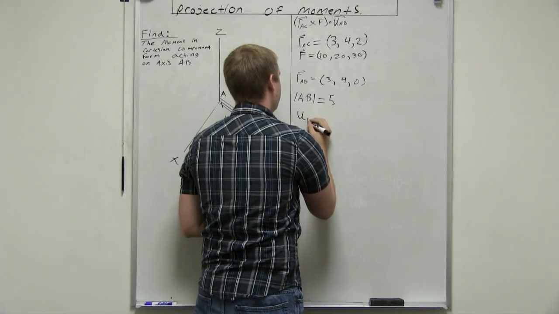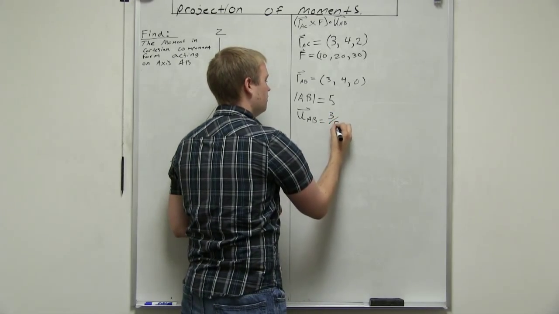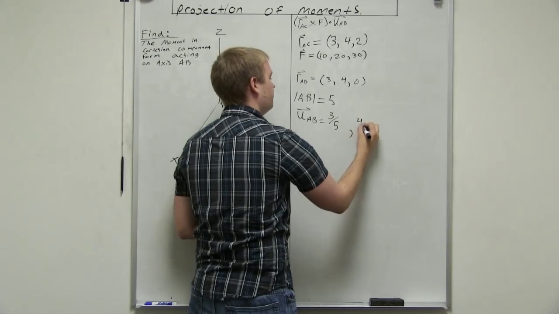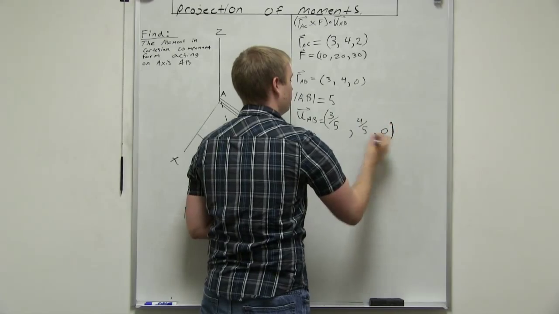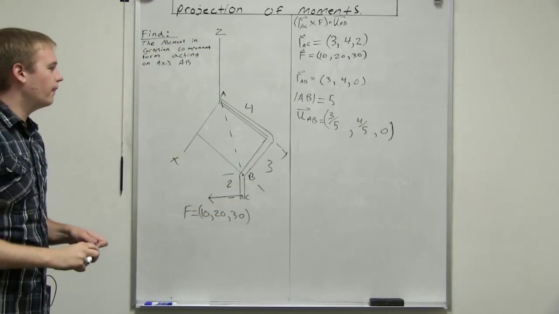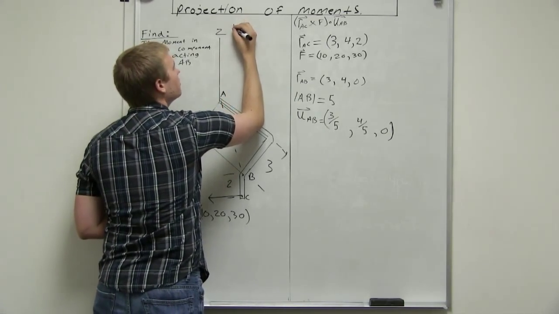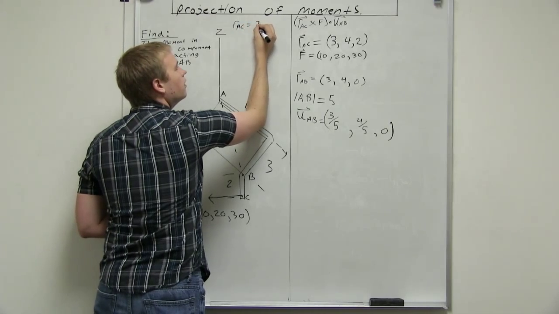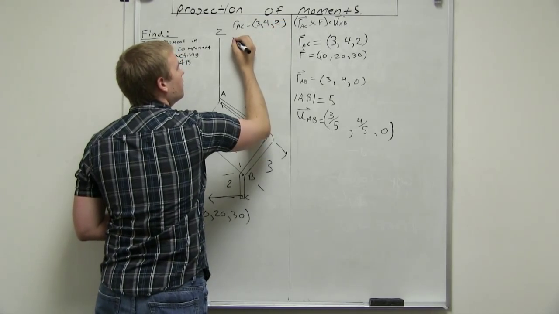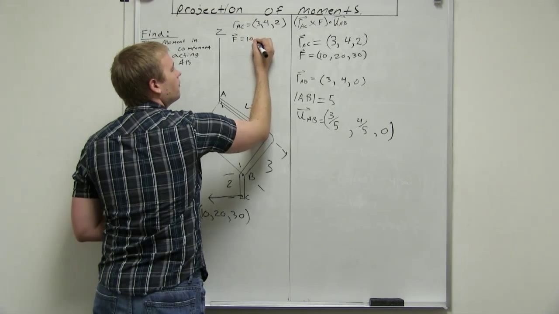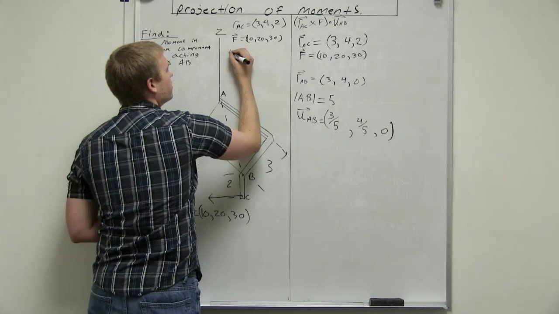So unit vector of AB equals 3 over 5, comma 4 over 5, comma 0. Okay. And let's actually write these over here so we have a little bit more room to work with. Hopefully you can see these all right.